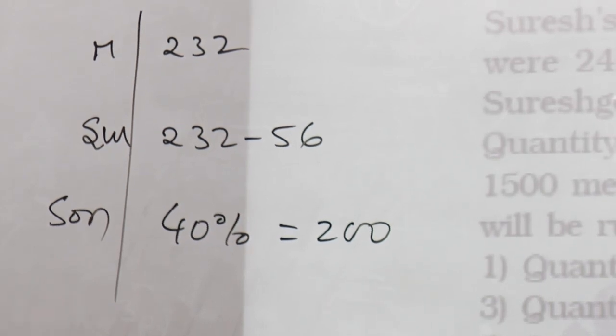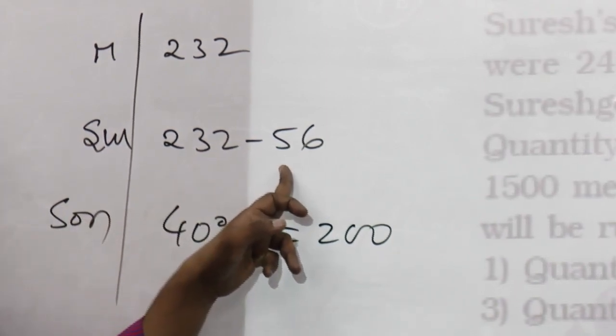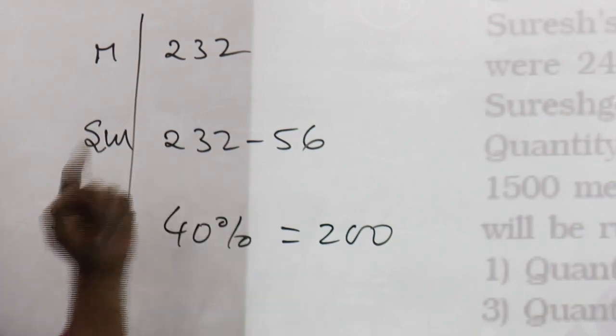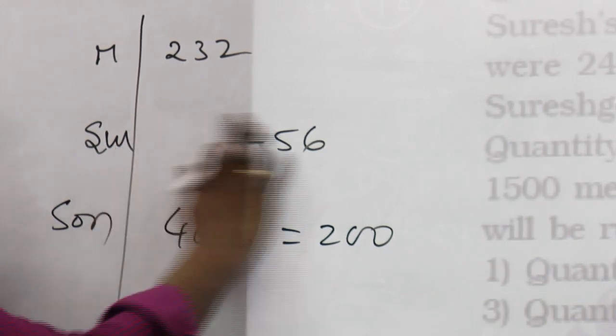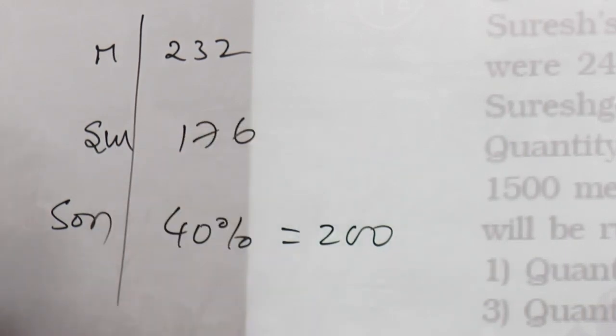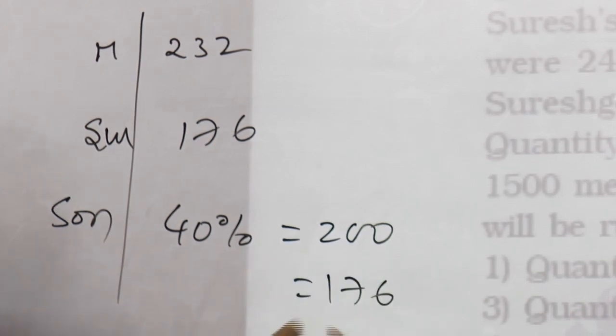What percentage of marks did Suresh get? How much is this? Subtract 32 first, again you need to subtract 24. 200 minus 24, 176. If 200 is 40%, 176 will definitely be less than that.